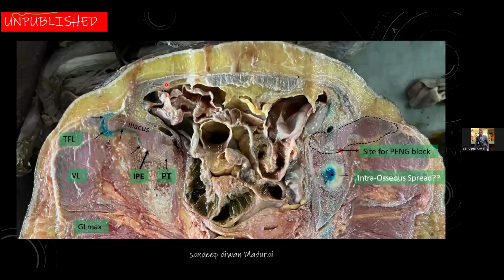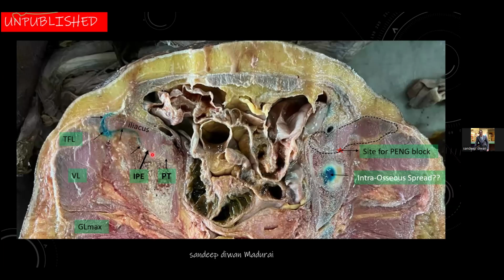You do a cross section to understand the deeper and unusual spreads without disturbing the flow of the dye. Because when you start dissecting with your fingers and instruments, there would be percolation of the dye elsewhere. But when you take a single section, you will not disturb the spread of dye.